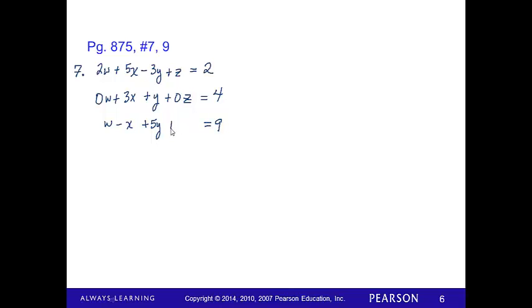So leave some space and fill in 0z. And the last one is 5w minus 5x minus 2y equals 1. And again, let's put in 0z.